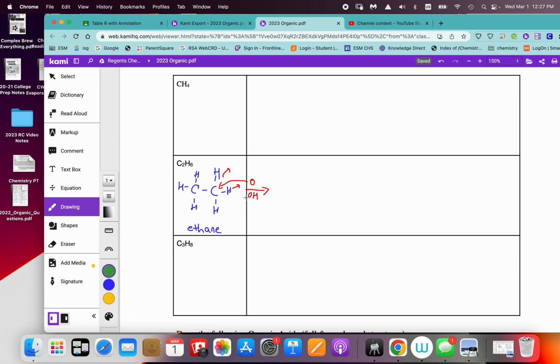The OH also wants to come into the exact same carbon, and it kicks the other hydrogen off. So what we end up with is we still have our 2-carbon parent chain. The first carbon keeps all 3 of its hydrogens.